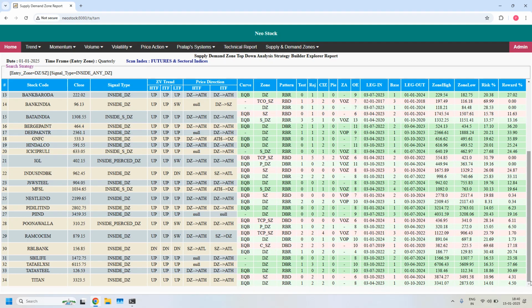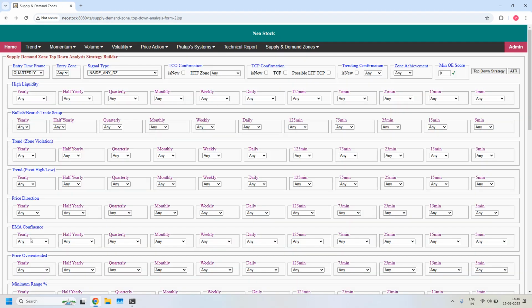So let me further filter based on EMA Confluence. In the EMA Confluence parameter at quarterly time frame, I am setting the EMA filter: quarterly demand zone having quarterly EMA Confluence. When you set EMA Confluence, if the trend is sideways, EMA Confluence does not get any extra advantage.